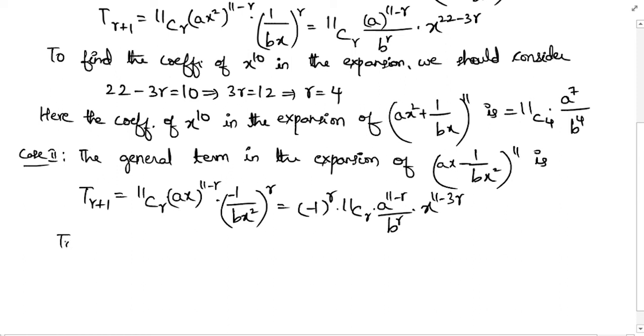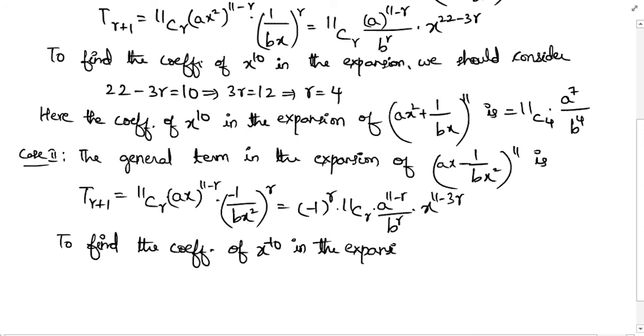Okay, so to find the coefficient of x^(−10) in the expansion, we should consider 11 − 3r is equal to −10.